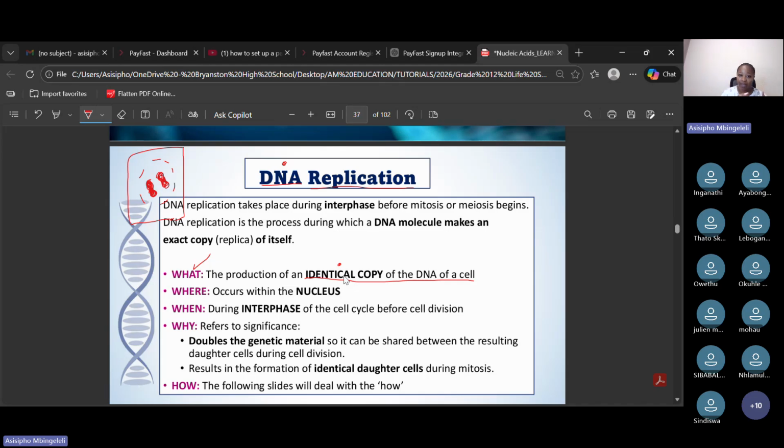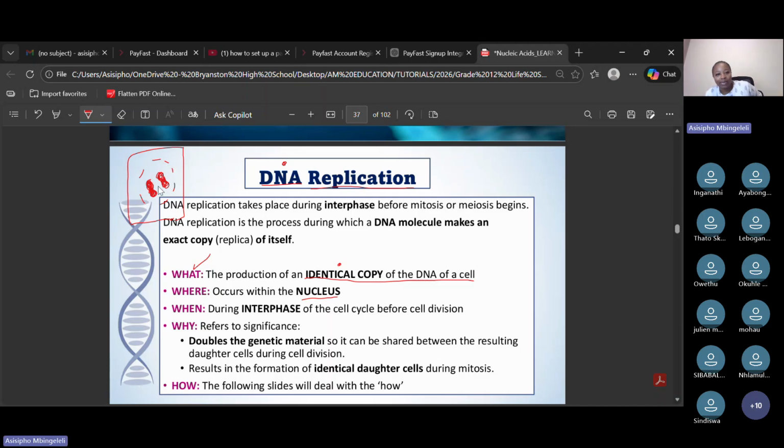So in DNA replication, we are going to look at the sequence of bases. If we say the DNA is identical, this DNA's base sequence should also be identical to this DNA's base sequence. That's all that we're looking at. Where exactly will this process take place? It will take place in the nucleus, hence my diagram over here.